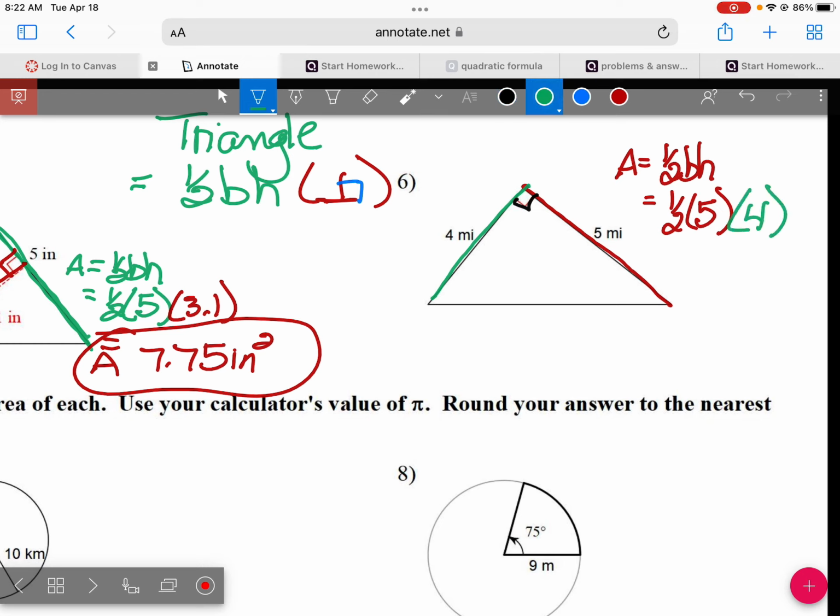Now, maybe you said, well, what if I think 4 is my base? That's okay. Make 4 your base, and then 5 would be your height. Again, it's still perpendicular. And half of 20 is 10 miles squared. Any questions on that?